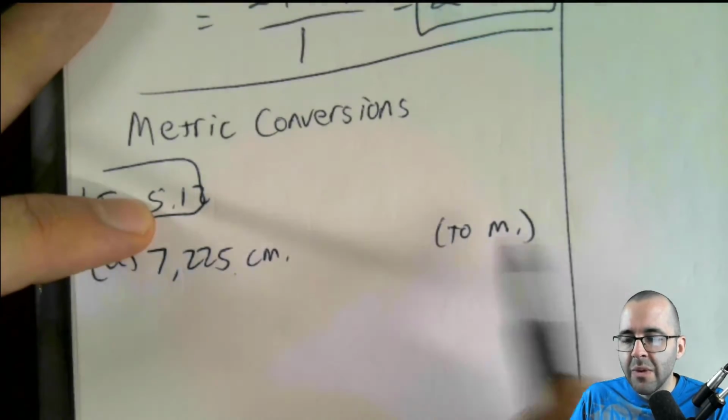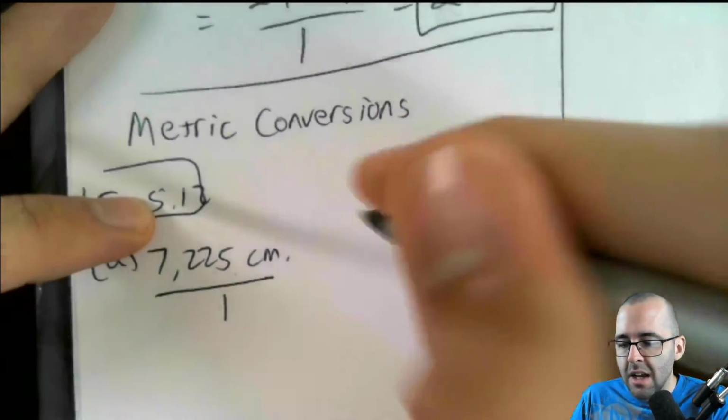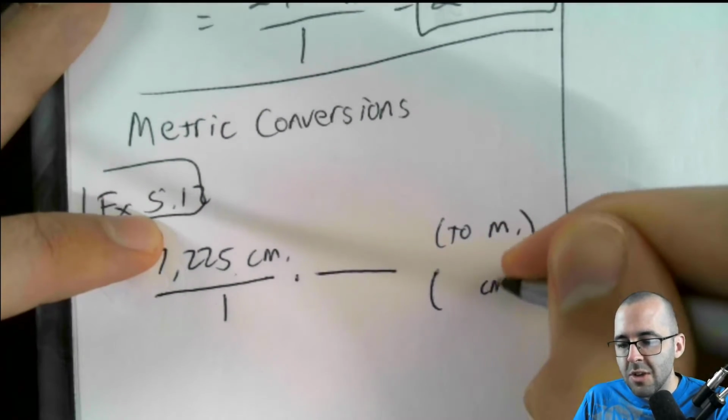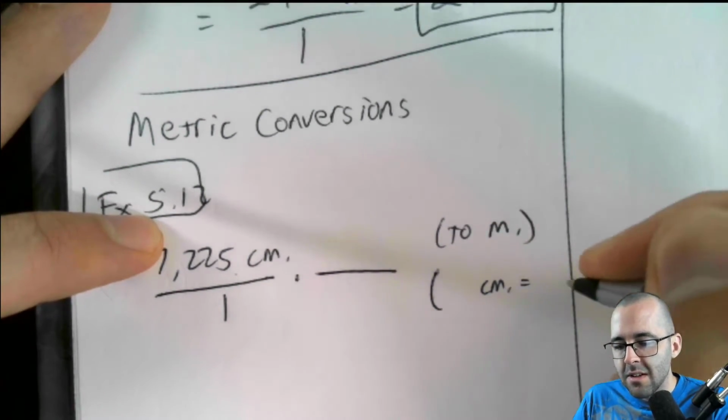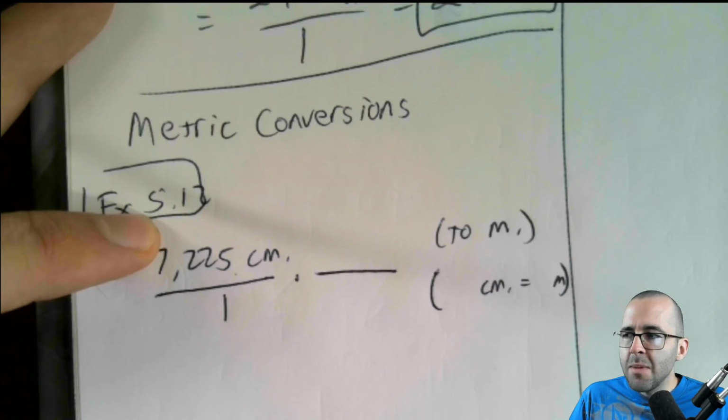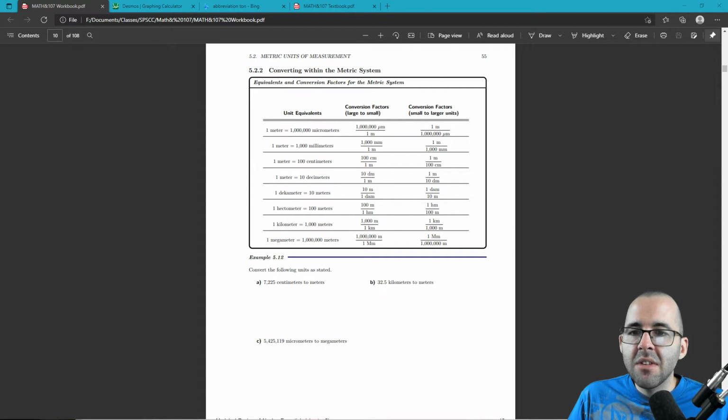This is what we have. We want to convert it to meters. So the question is, what's the relationship between centimeters and meters? We use this table a little differently than the other ones. You have to find centimeters and meters. This is the relationship right here: 100 centimeters is 1 meter.